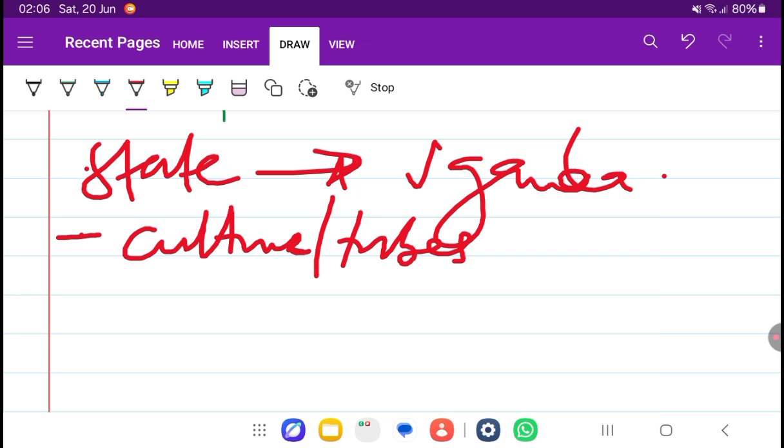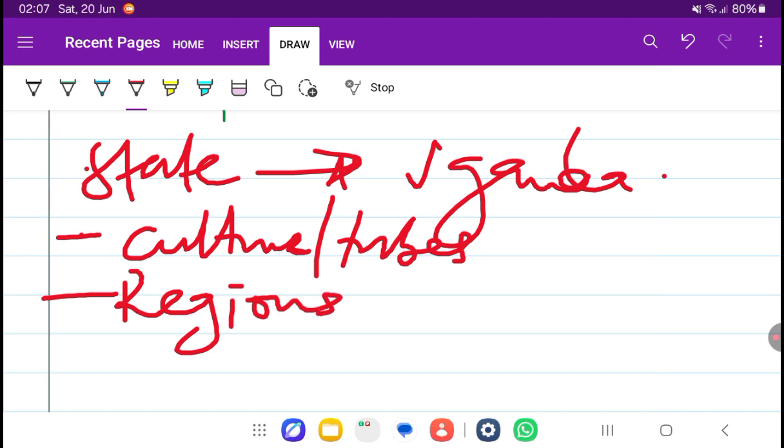You might find that these people are actually going to be divided into tribes, or we could have things to do with regions. Those who are in central, those who are in northern, those who are in southern, eastern, and maybe the West Nile. Those are regions. So those are some of the attributes within which we can categorize the data.